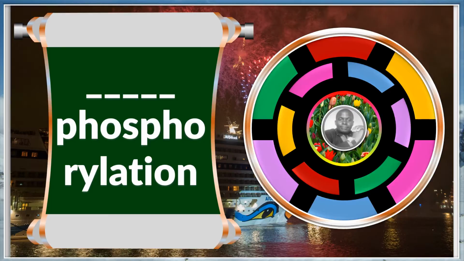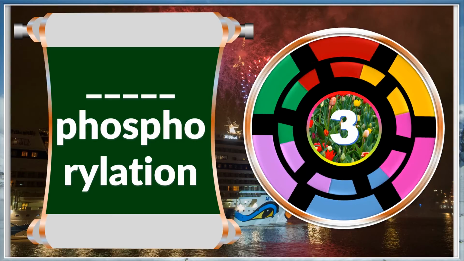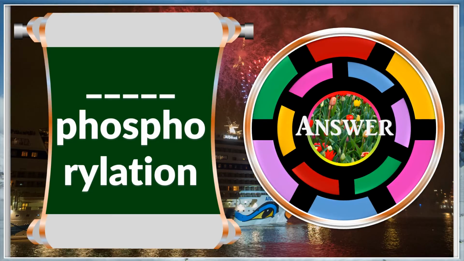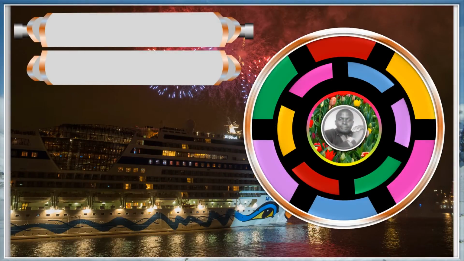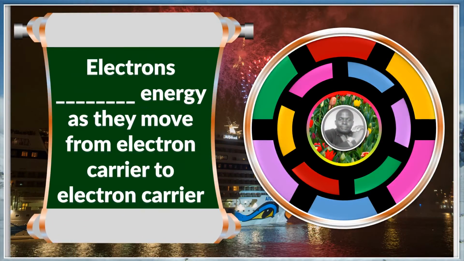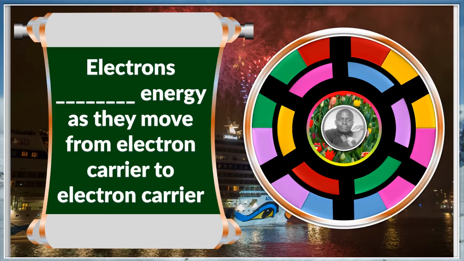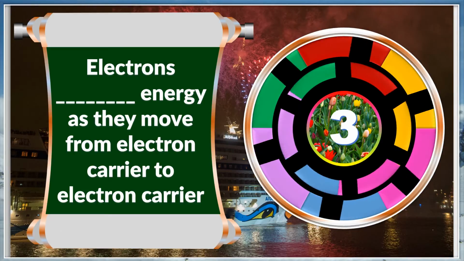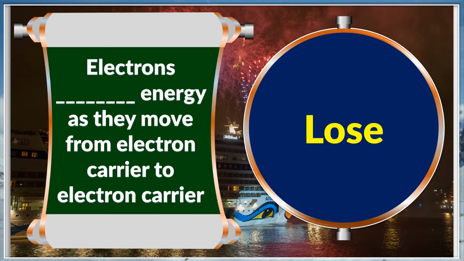Dash phosphorylation. Oxidative. Electrons dash energy as they move from electron carrier to electron carrier. Lose.